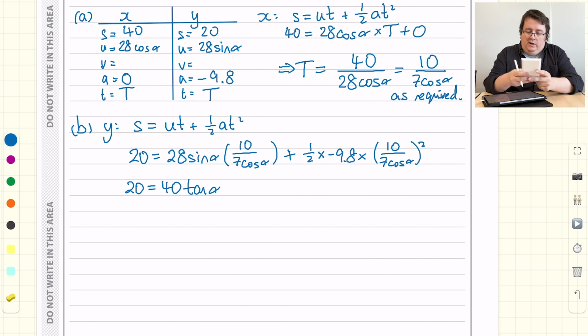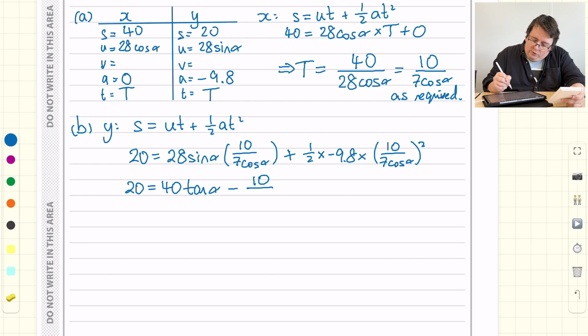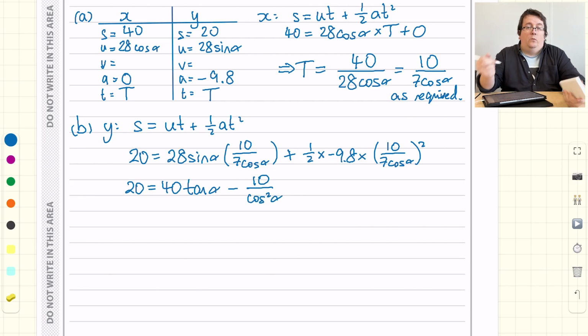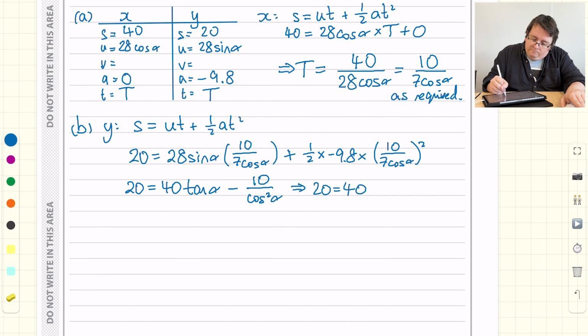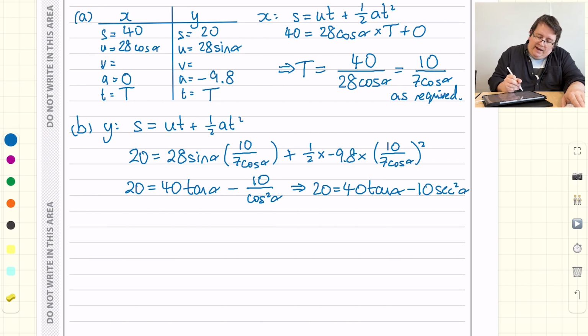Then we've got a half times minus 9.8 times 10 over 7 squared, which is minus 10 over cosine squared. Now, 1 over cosine squared is sec squared. So we can write that like so. Now we can divide through by 10.